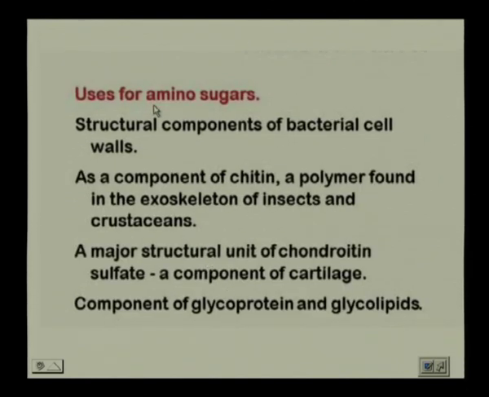Now, the uses for these amino sugars are as structural components of bacterial cell walls, where again we looked at the NAG and the NAM, and as a component of chitin, which is a polymer found in the exoskeleton of insects and crustaceans.